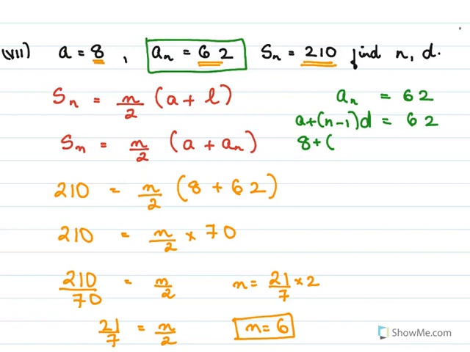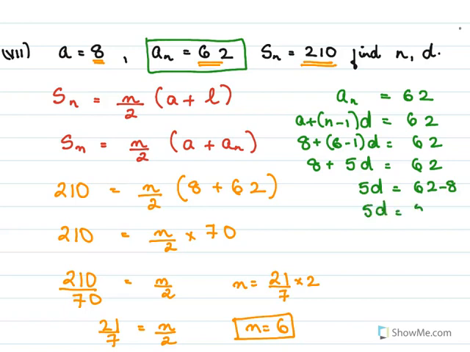Your n we know we found is 6 minus 1. d we do not know, 62. So 8 plus 5d equal to 62. 5d equal to 62 minus 8. 5d equal to 54. So d equal to 54 by 5.